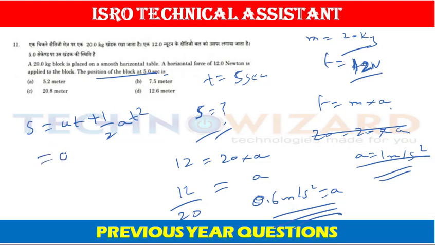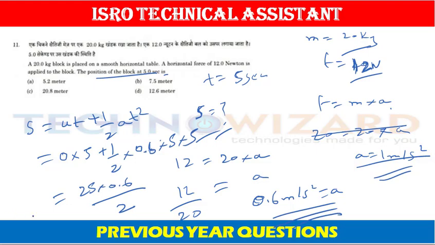So u is equal to 0, into time 5, plus half into acceleration 0.6 into time 5 into 5. On calculating this, we get 25 into 0.6 upon 2, which is equal to 7.5 meter. Therefore, 7.5 meter is the correct answer, option B.